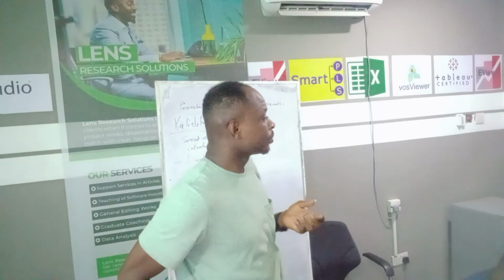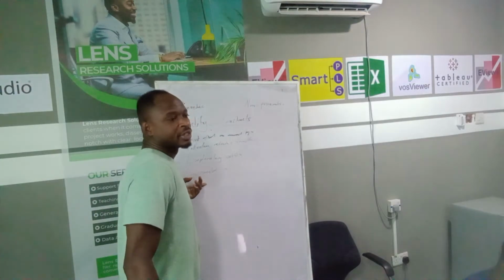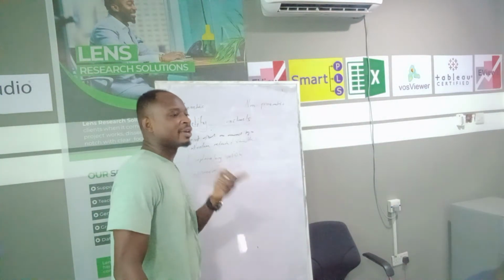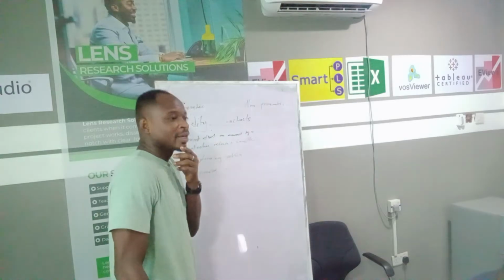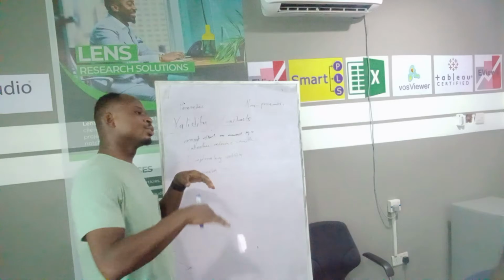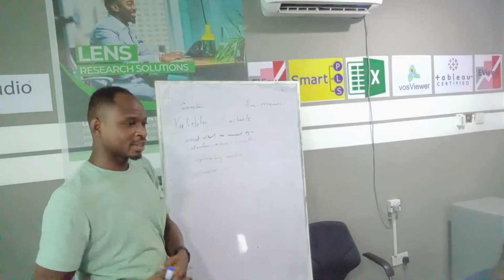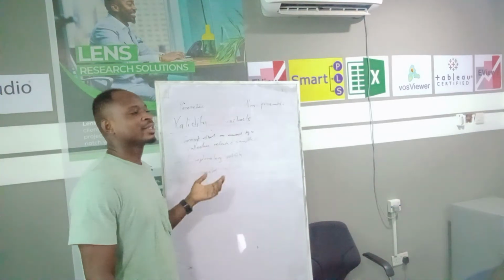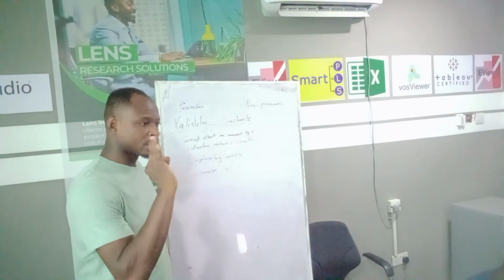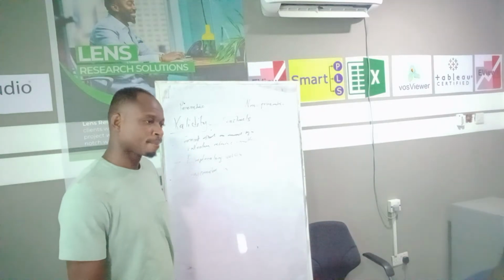Then it is better you do confirmatory factor analysis, just to compare whether what Gideon found is the same as what you are also getting in your context of the study. So whether you will do confirmatory factor analysis or exploratory factor analysis depends on the nature of the skill that you are using in your study.